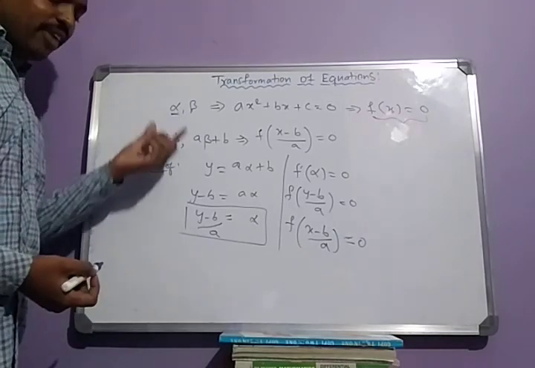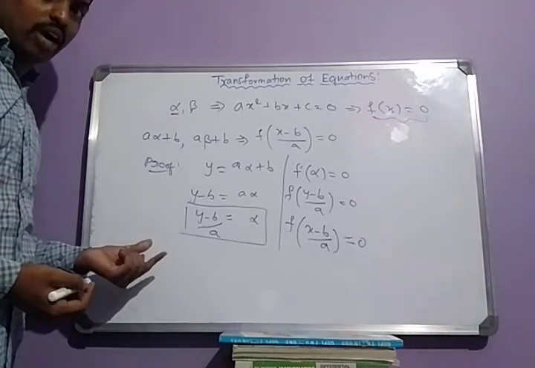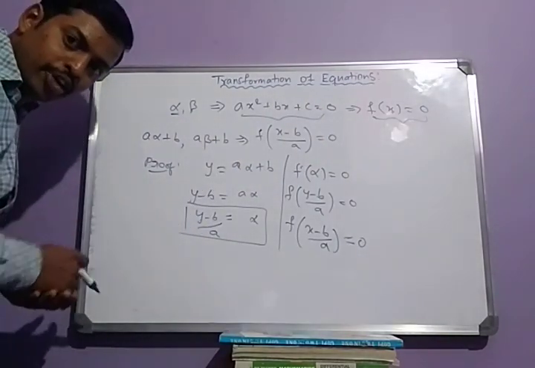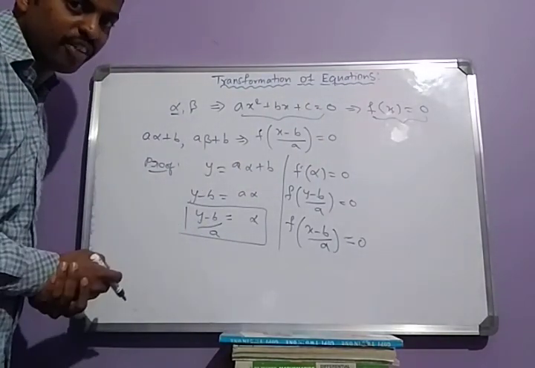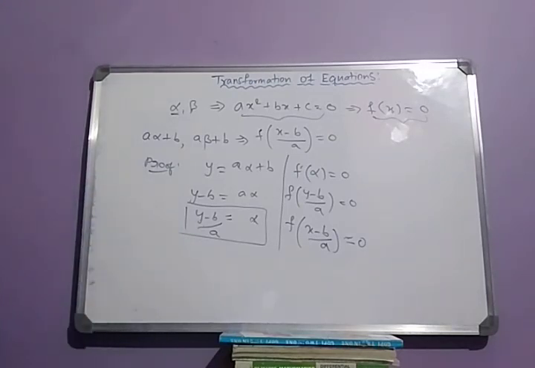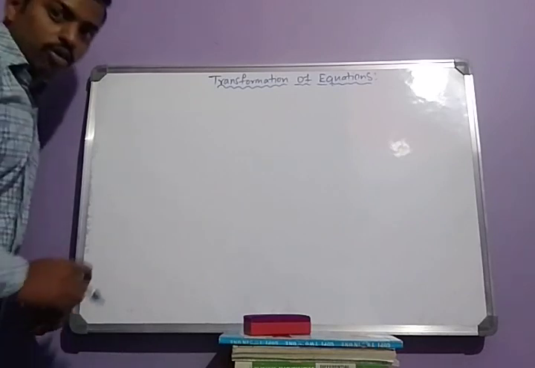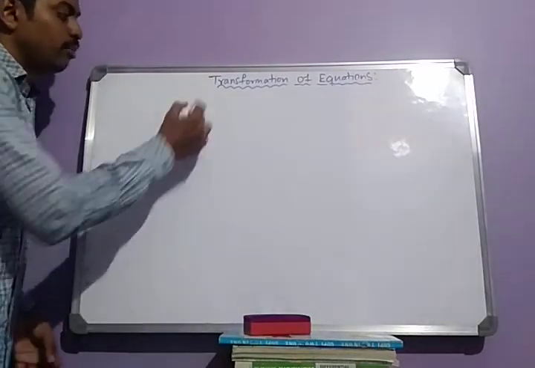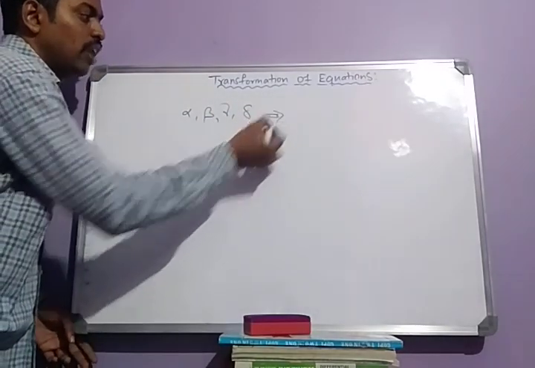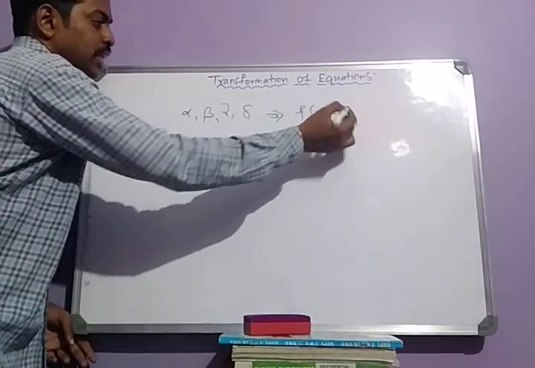See, whatever derivations I have given, whatever formula I have given for quadratic equation can be extended for cubic equation, biquadratic equation, and similarly for any equation. Which means that, for example, alpha, beta, gamma, delta are the 4 roots of a biquadratic equation f of x is equal to 0.